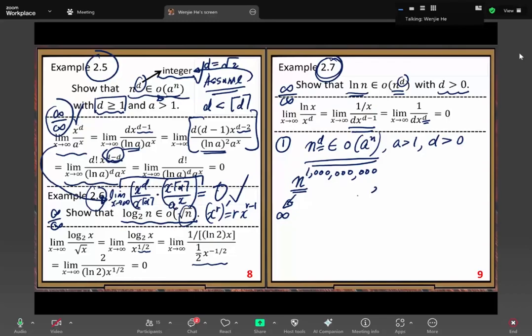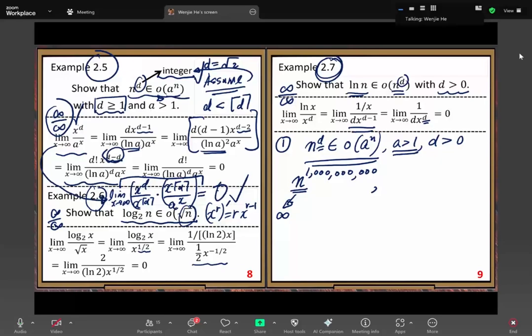On this side, the only limitation on A is that it is greater than 1, right? How much greater? Nobody says any specific information about that A. It only needs to be greater than 1. That's enough. So I have the freedom to choose any A number that is greater than 1.